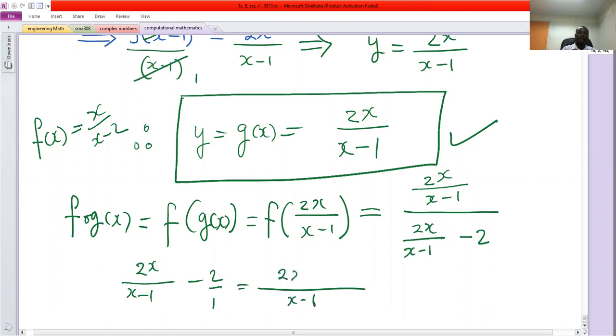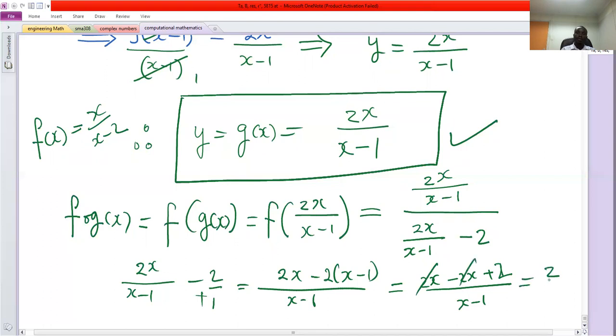So it will be 2x minus 2 into x minus 1, which will be 2x minus 2x, minus minus is plus 2, divided by x minus 1. So 2x minus 2x cancels out, and this will be 2 over x minus 1.